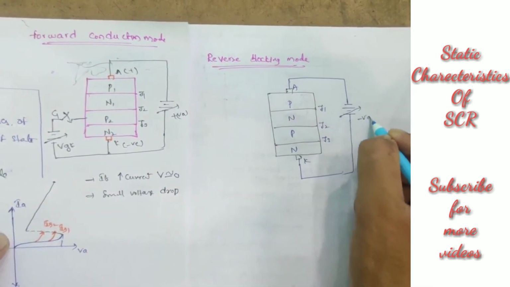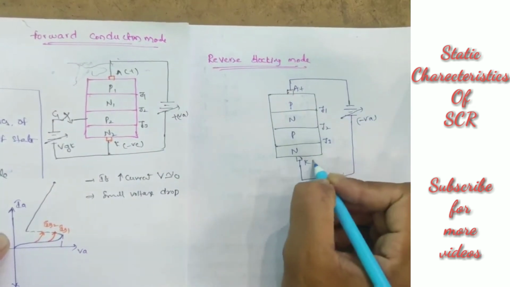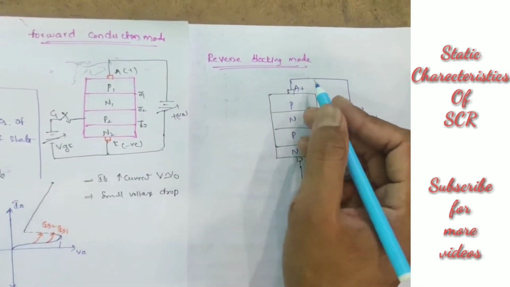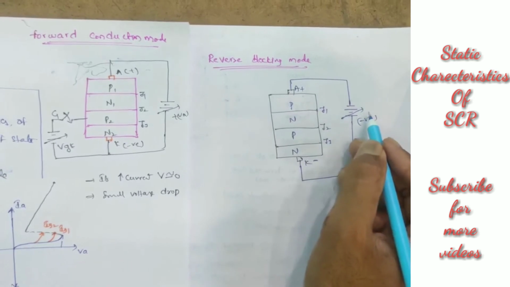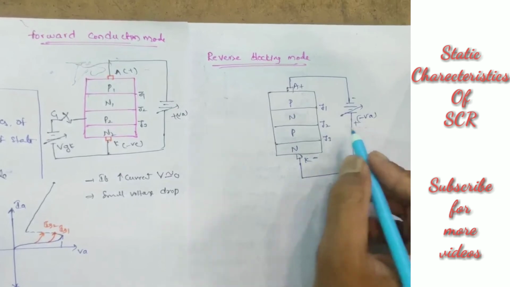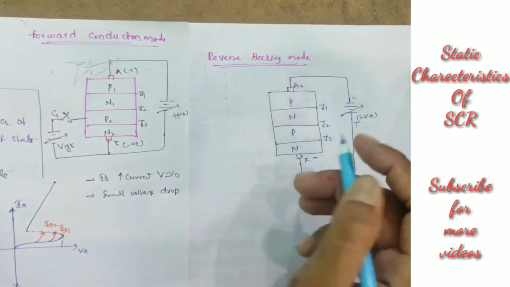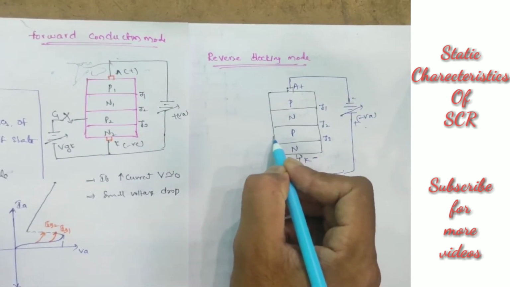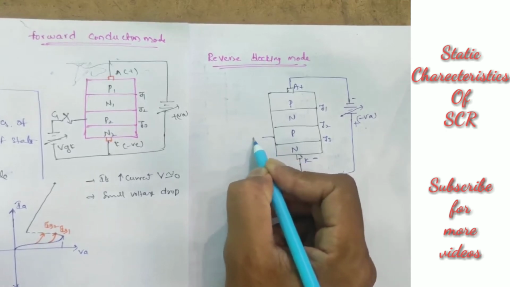We have negative VA. Normally the anode is positive, but here, with respect to the supply, the anode is negative and the cathode is positive. In this case, reverse bias will occur. Here the gate is open.